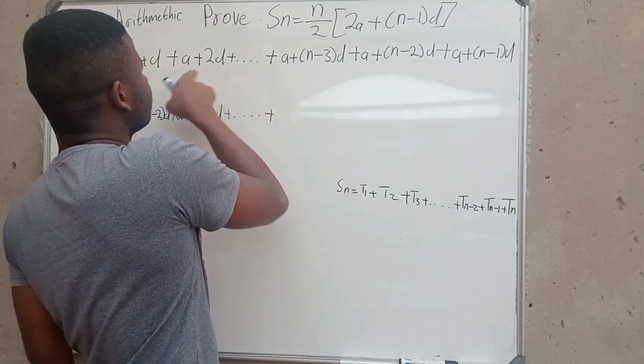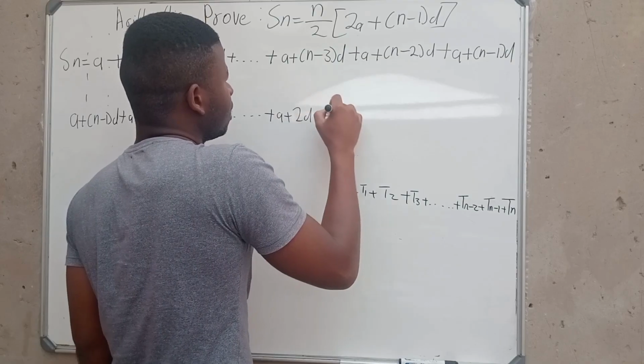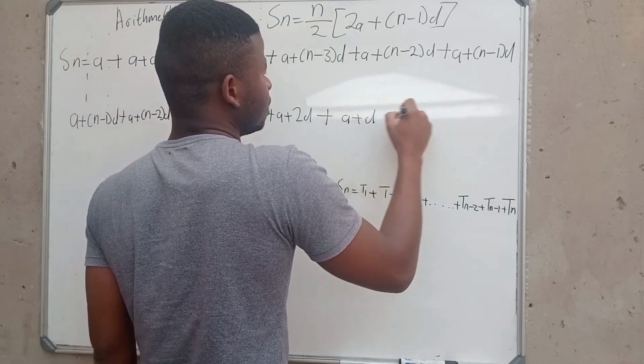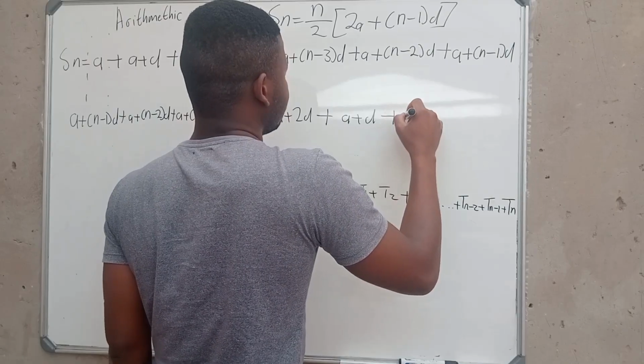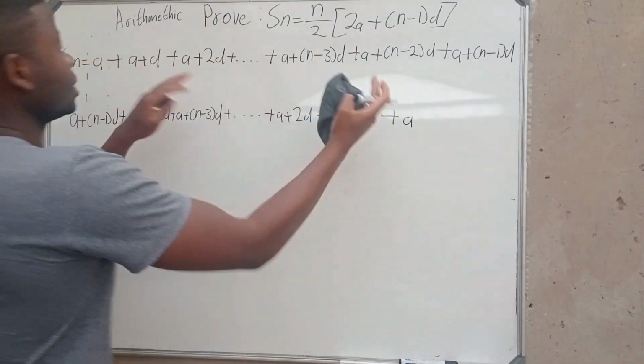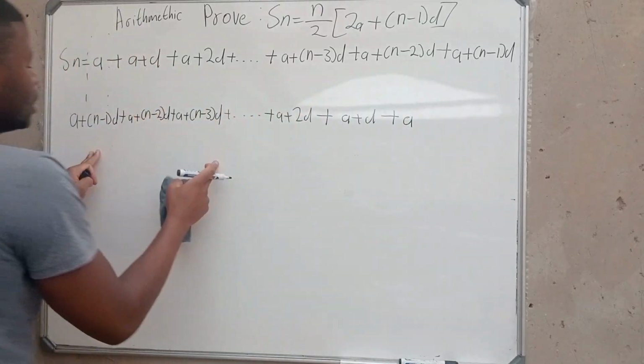And then plus, then I start with this: A plus 2d plus A plus d plus A. Right? So here I just took this, here it is, and this one here it is.